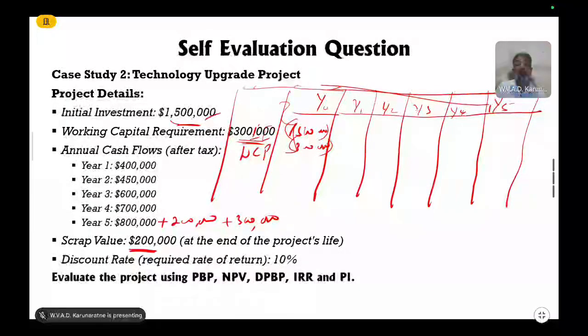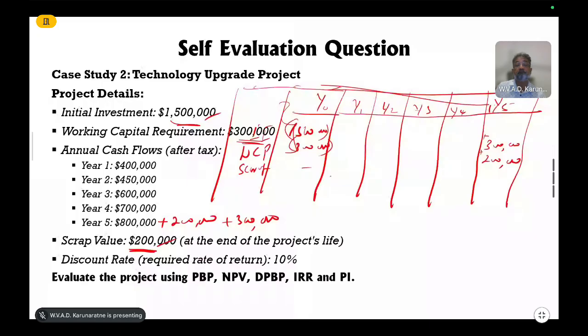This will be covered as cash inflow in the last year. Then the scrap value would be 200,000. Scrap value means we can sell the old existing machine at the end of the project for 200,000. That is a cash inflow, right? Here also cash inflow.